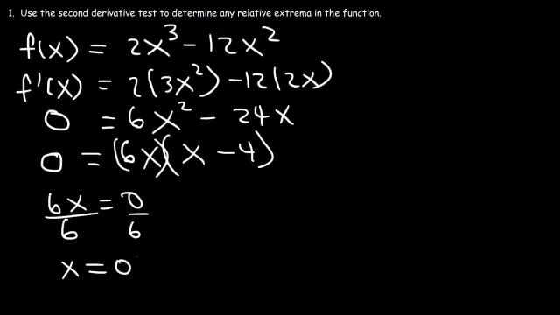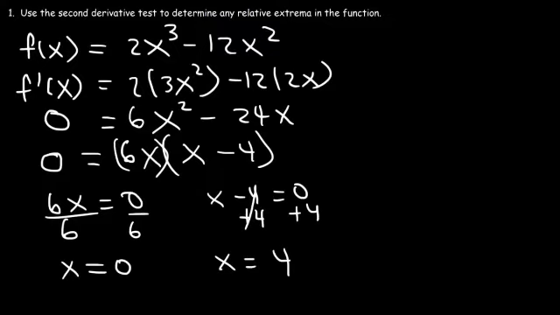We can see that the first critical number is at x equal to 0, and we set x minus 4 equal to 0 and then add 4 to both sides. The second critical number is x equal to 4, so I'm going to write that at the top over here.